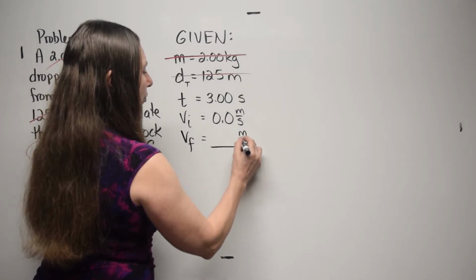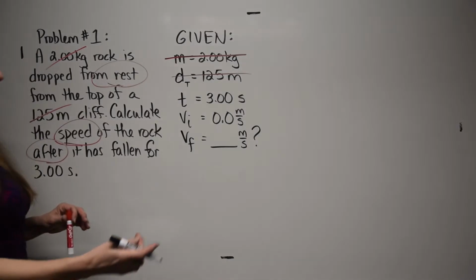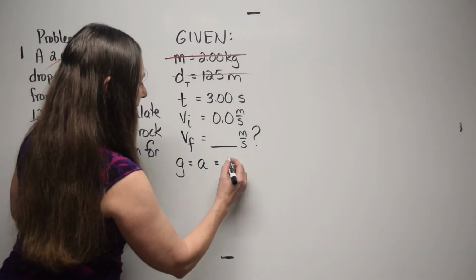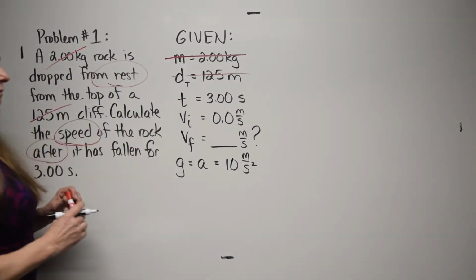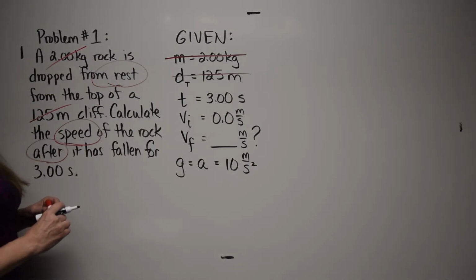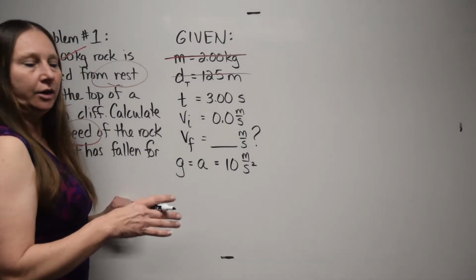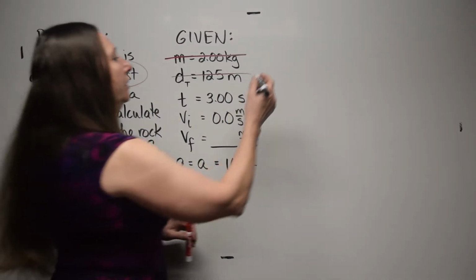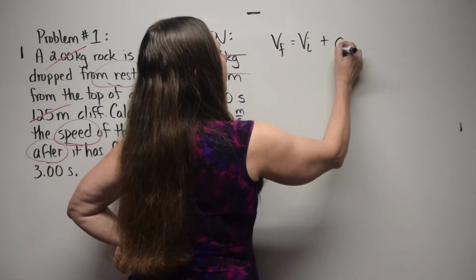Whenever something is falling, it's being acted upon by g, which is a type of acceleration, 10 meters per second squared. So we go to the reference tables, to the mechanics page, and pick out an equation that has a, v final, v initial, and t. The equation we come up with is v final equals v initial plus a t.